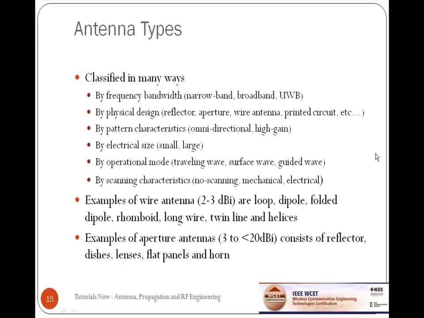Now let's talk about the different antenna types. They are classified in many ways. They could be classified by frequency bandwidth, whether it's narrowband, broadband, or ultra-wideband. Or they can be classified by physical design, whether it's a reflector, an aperture antenna, a wire antenna, or a printed circuit antenna.